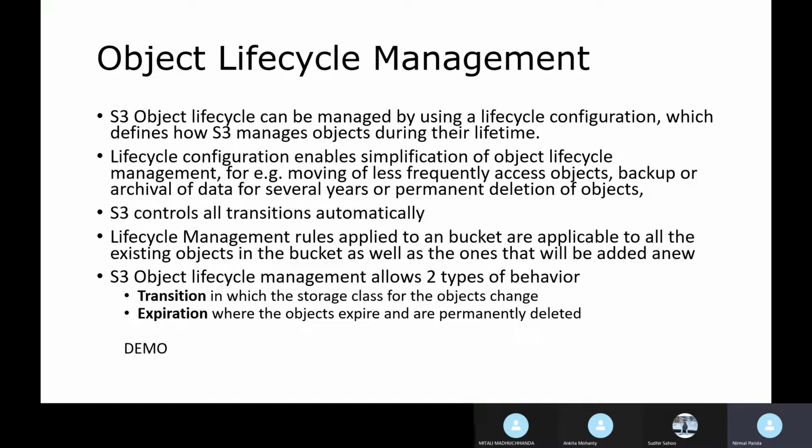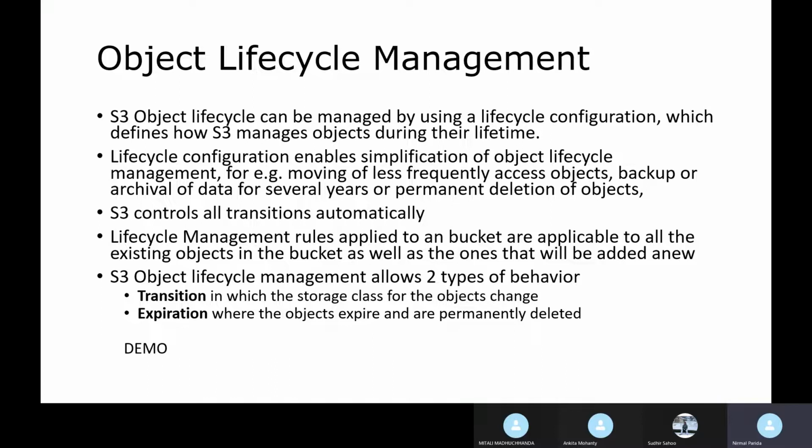So in that case, you can set some rules, like whether to delete this data after some days, or whether I need to move this data to Glacier, right? So you can provide some object lifecycle rule in S3. Lifecycle configuration enables simplification of object lifecycle management.